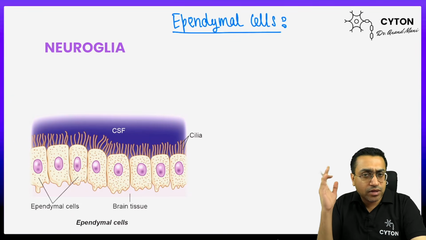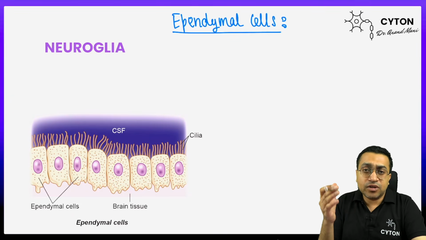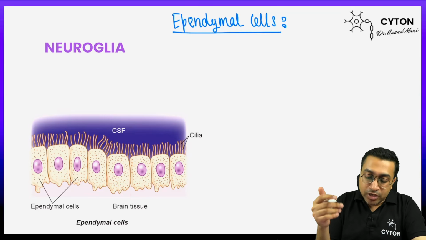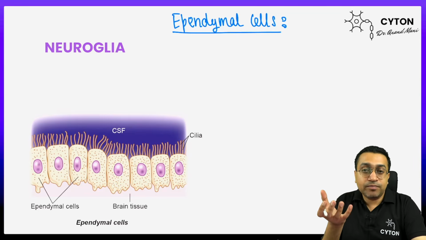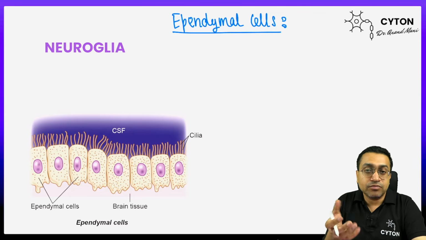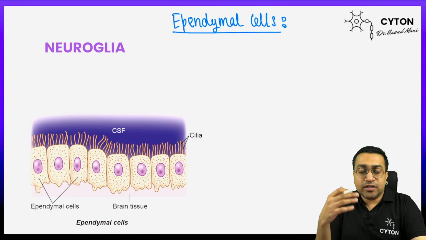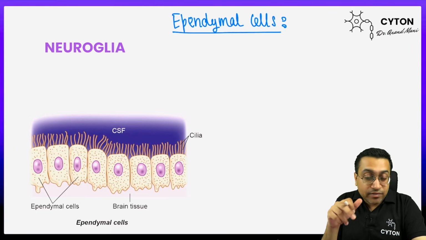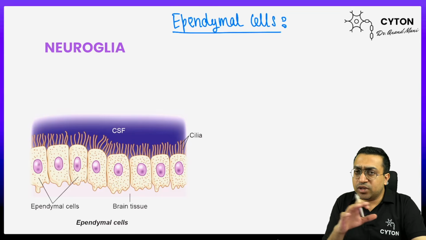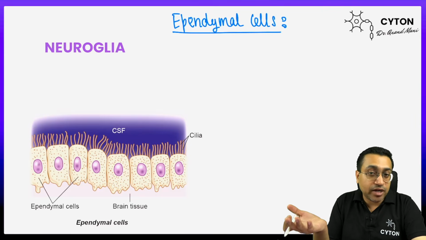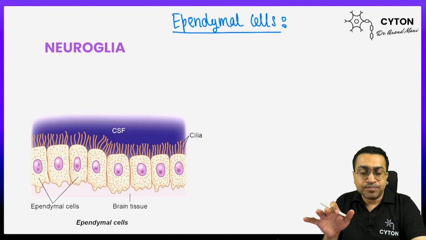Again, it will come in the picture when you discuss neuroanatomy. There is a ventricular system of the brain, that is the cavities in the nervous system, which we will discuss in quite some detail, and there are short notes also. Those cavities have a lining epithelium kind of thing, that is the ependymal cells.